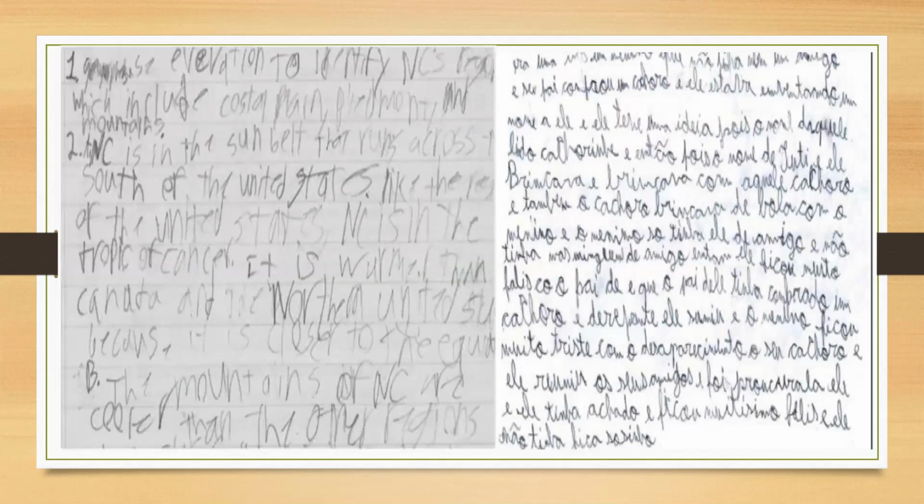This is the best example we can show of a child with dysgraphia. Their handwriting is not at all legible. It is illegible. The way they write, the way they mix uppercase and lowercase.